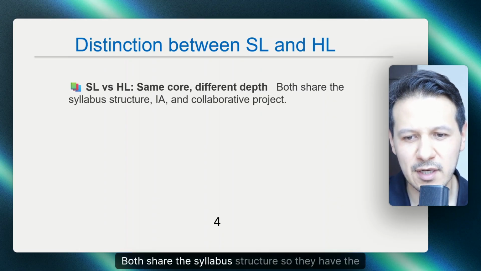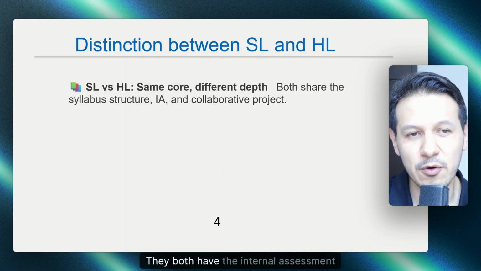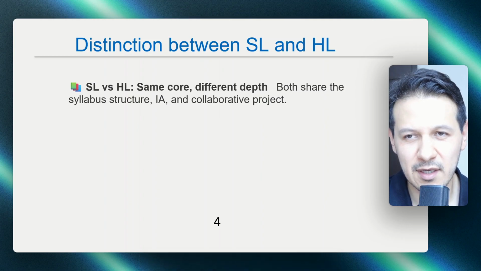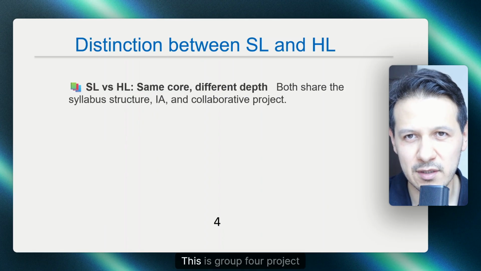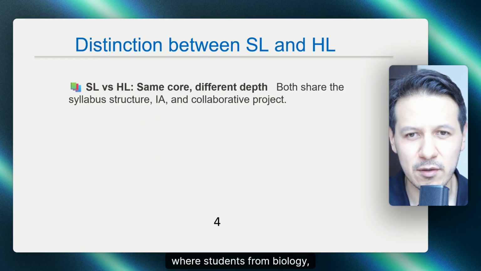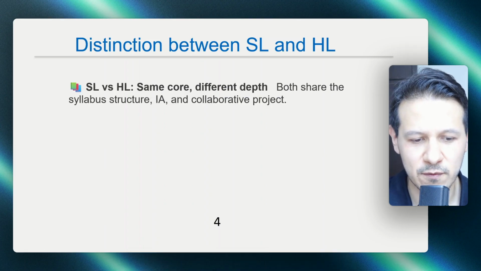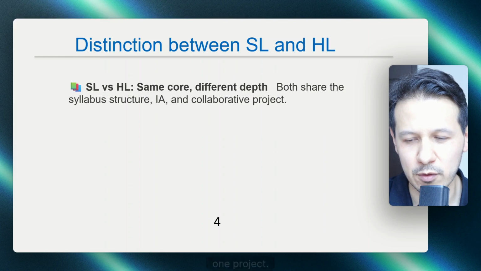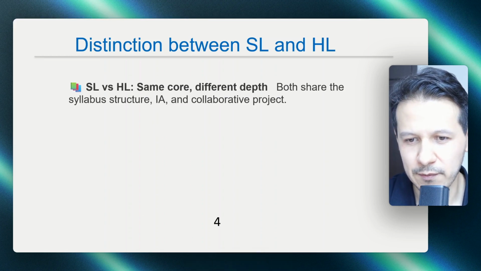Both share the syllabus structure, so they have the same general structure of the subject. They both have the internal assessment, and they will have the collaborative project. This is the group 4 project where the students from biology, physics, and chemistry get together in order to develop one project. We can talk about this later.